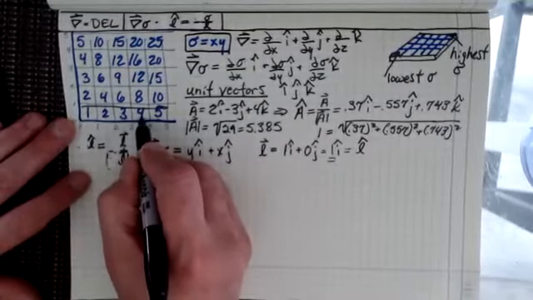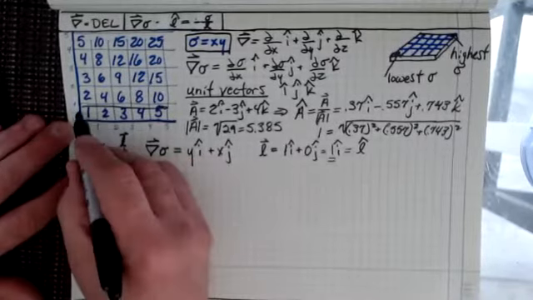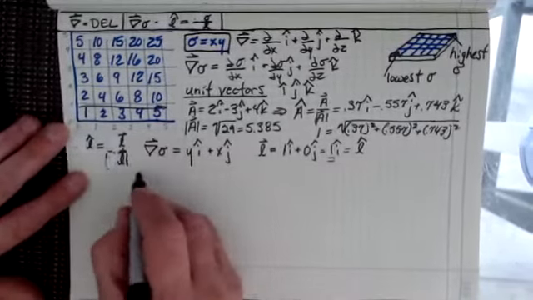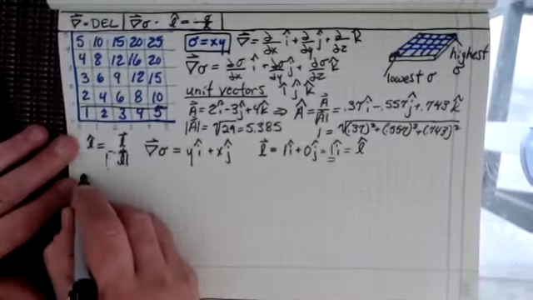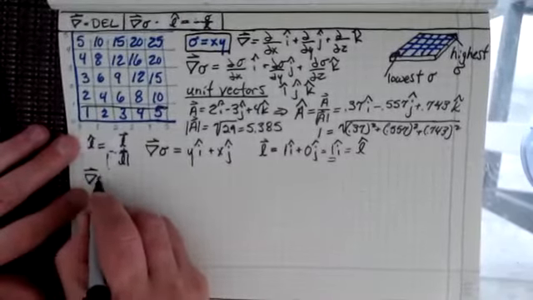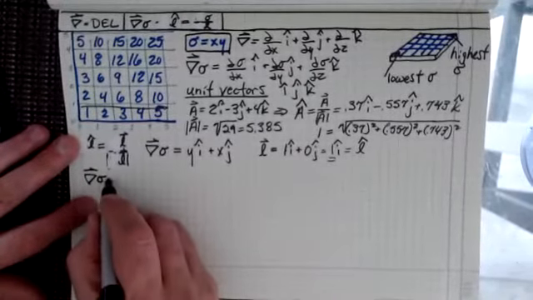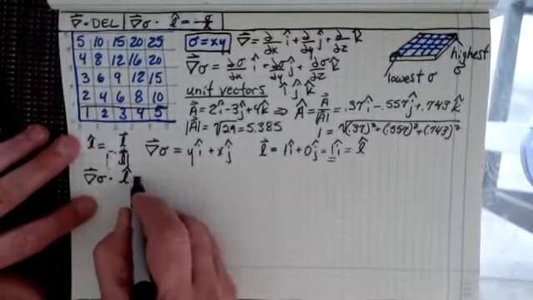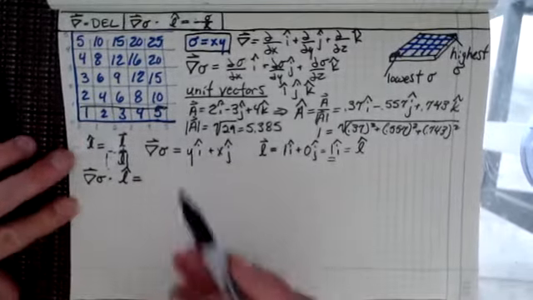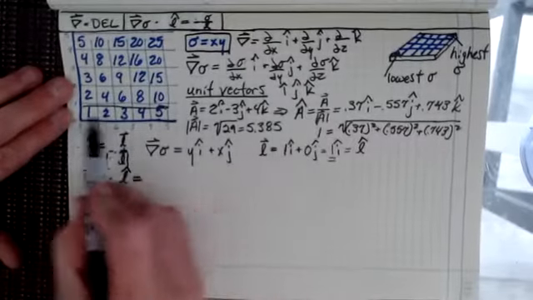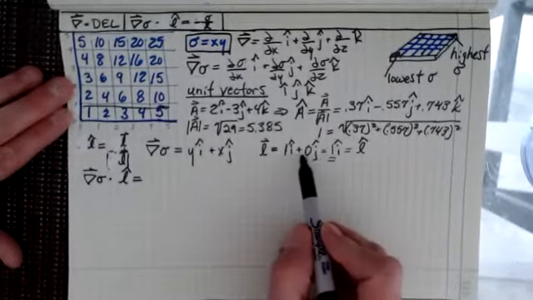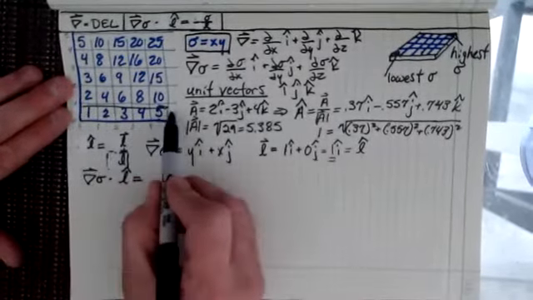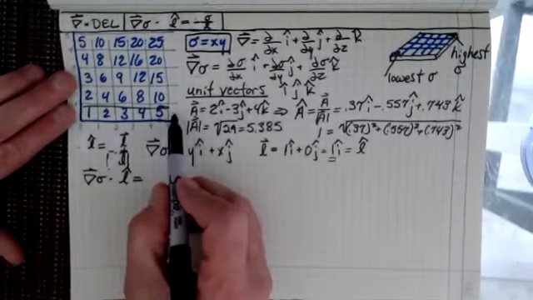Pick this point right here. So 4, 1. Anyway, first let's do this. So I've got del times sigma, dotted with the unit vector in that direction. In this direction, this would be the 1I plus 0j. That's the direction I want to find the gradient in.